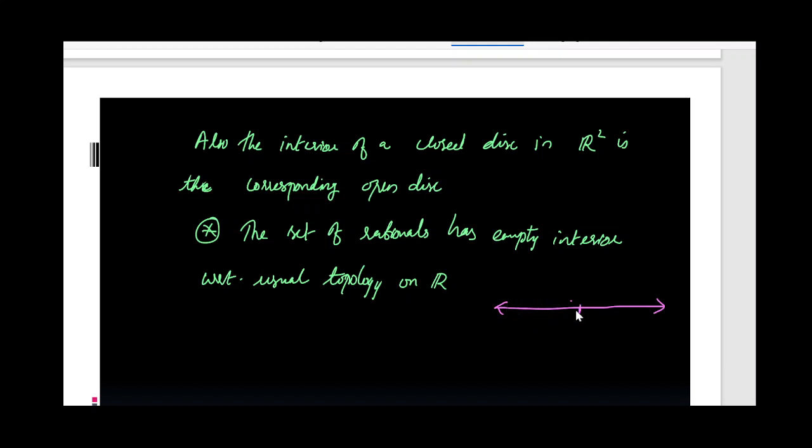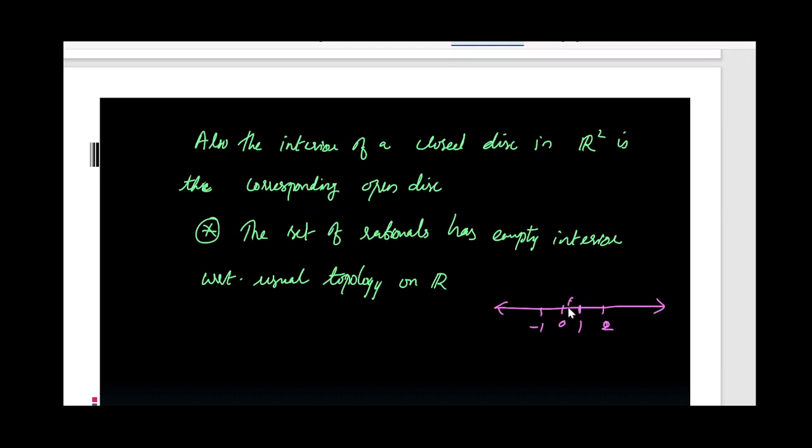Suppose we have a rational point here, say 1, with 0 here, 2 here and minus 1 there. I want to find the interior, so I want to take open sets.